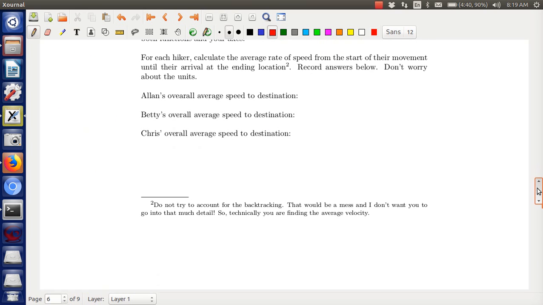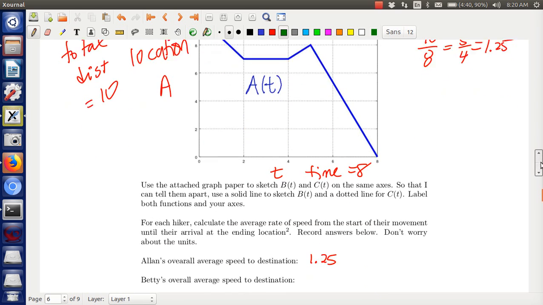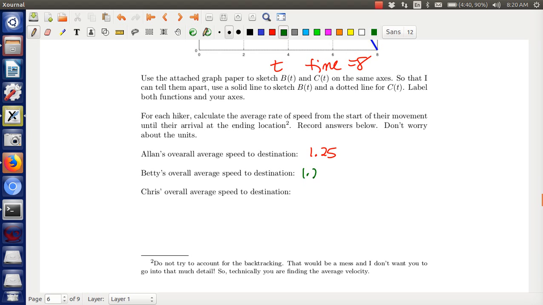Okay, so here's the thing. If Alan's speed is 1.25, you can just look at Betty's formula here. This formula is t divided by 2, right? And I've told you that this 1/2 is really like a speed. It controls the speed. That 1/2 is 1.25 times 1/2. Betty is going half the speed of Alan.